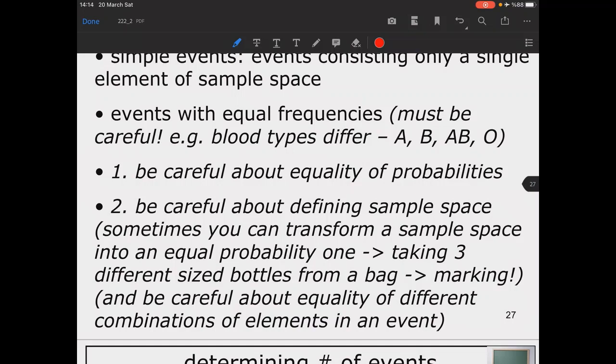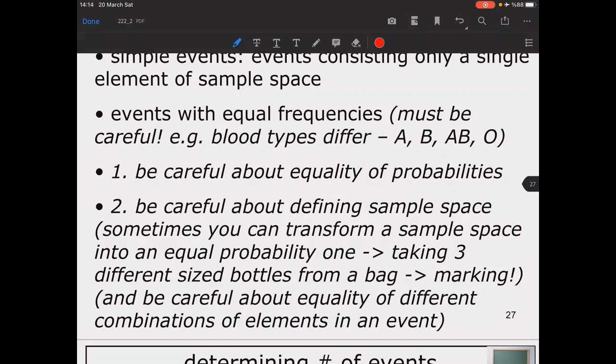For example, suppose that you're trying to create an equal probability atmosphere for picking a bottle from three different size bottles from a bag.